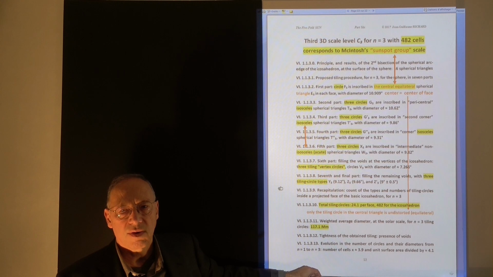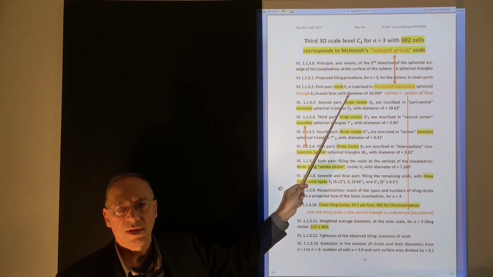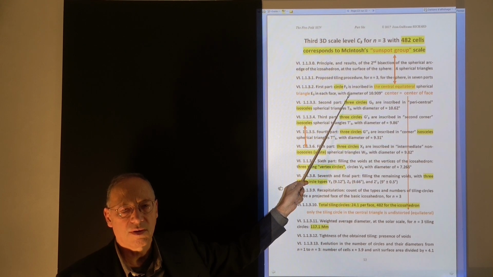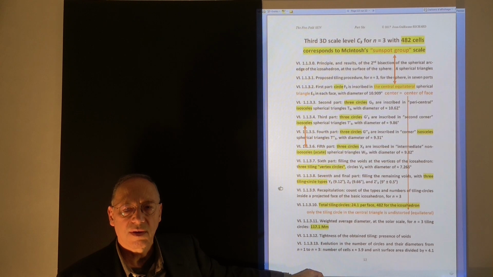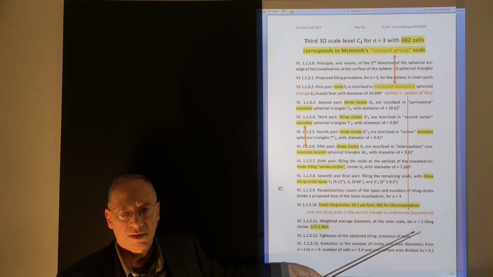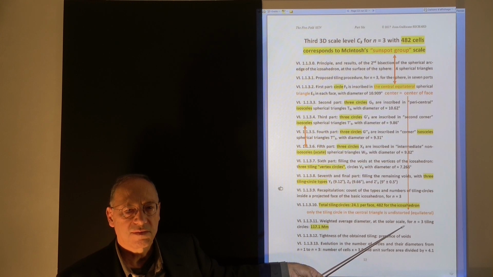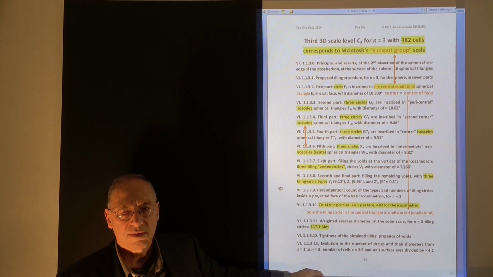So you see only the first one, the first tiling circle that can be inscribed in the central triangle of a face, is equilateral and is undistorted in terms of its proportions. The found weighted average diameter for all of these different categories of triangles is 117 megameters.